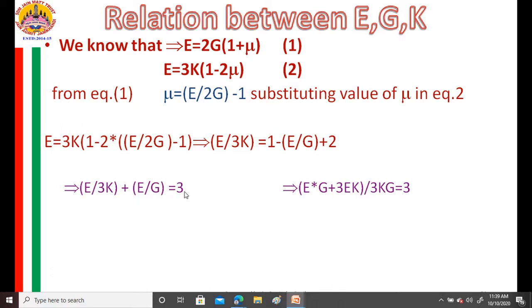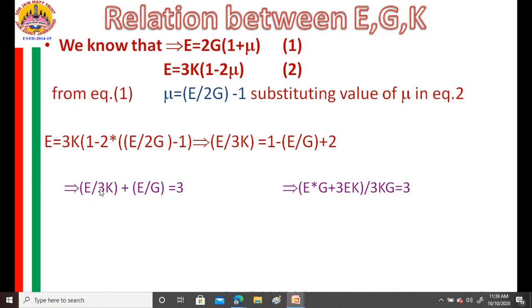Right? Now you take the LCM of these two terms. One is E by 3K plus one more is E by G. LCM is G into 3K, 3KG. As 3K is there in the denominator, at the top you multiply it with G, and here G is there, you multiply it with 3K.